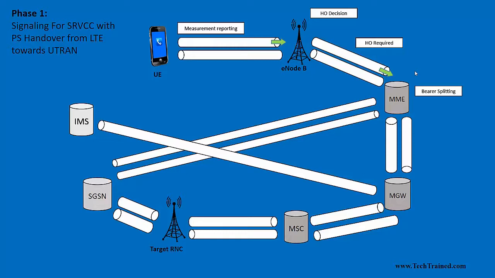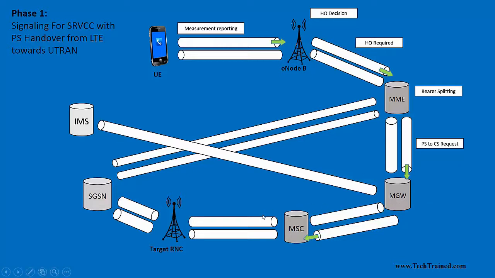Let's start first with circuit switching. In this case, the MME will forward a request towards the media gateway or MSC server, and this request, which you see over here, is termed the packet switch to circuit switch request. Once this request is received by the MSC server, also abbreviated as MGW, it is going to forward the same request towards the MSC, which is the target MSC in this case.